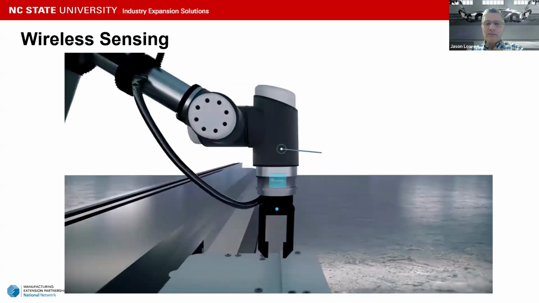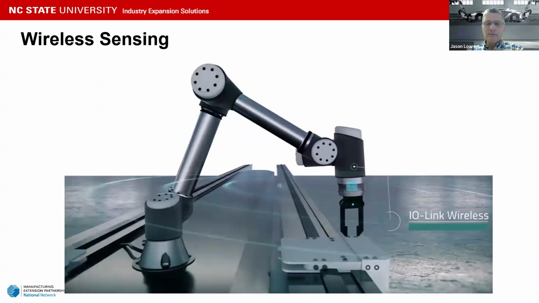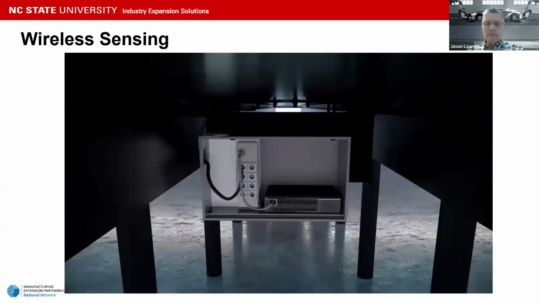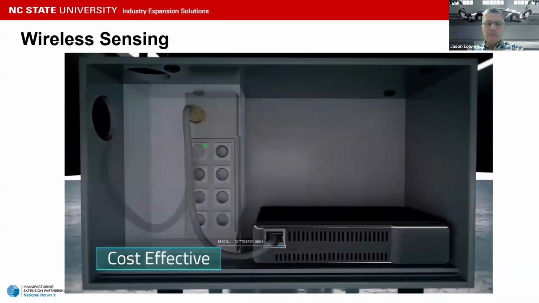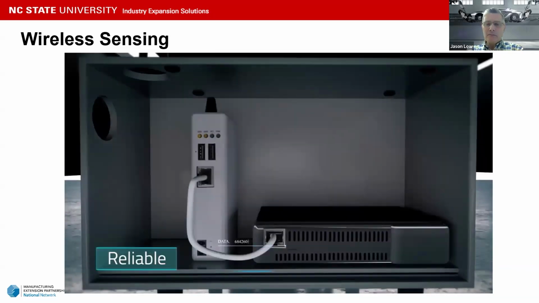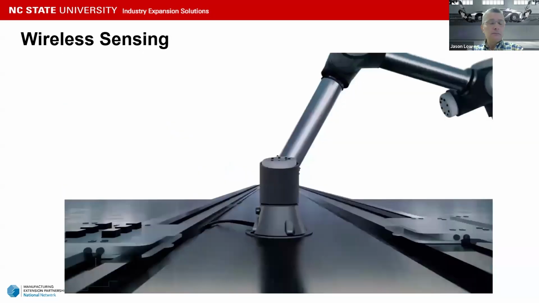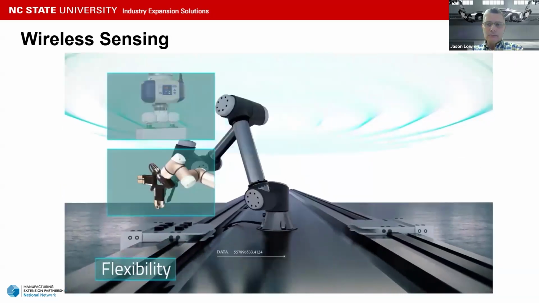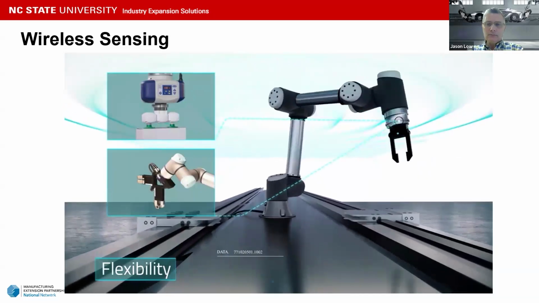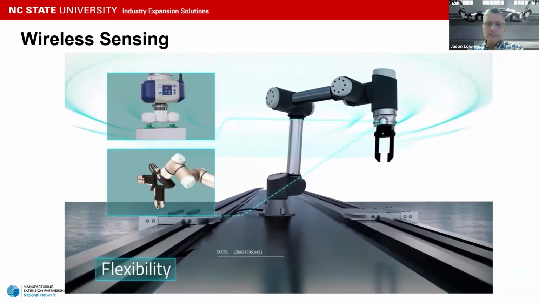Cortigo's IO-Link wireless technology eliminates the need for cables in the most cost-effective, reliable, and simple manner, and designed to fit a variety of end effectors such as grippers and vacuum pumps.